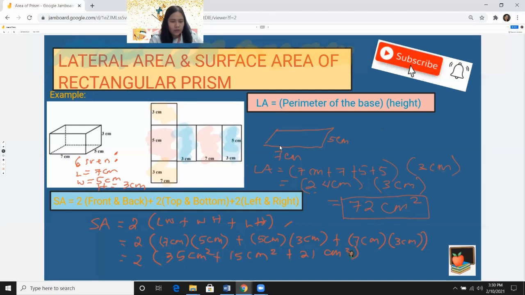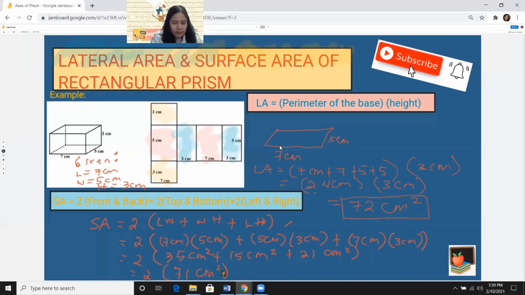In adding all these measurements, we just copy the unit of measurement since the operation is addition. We have 2 now. So we add 35 plus 15 plus 21, which is 71 centimeters squared.